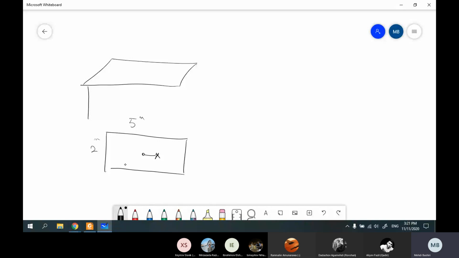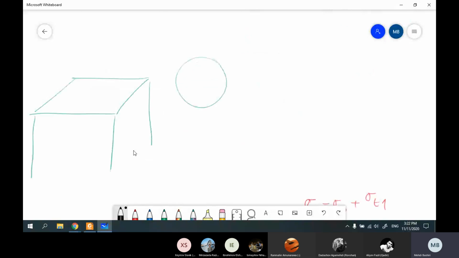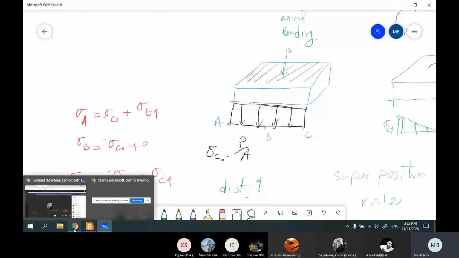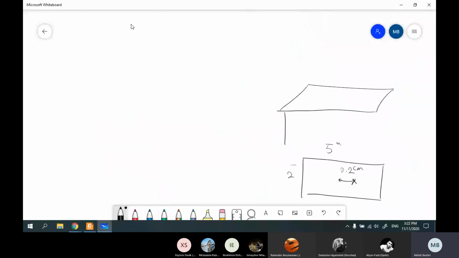The eccentricity is, for example, 20 centimeter. And one point: you are not allowed to locate your column in any place that you want. I'll explain in future, but in some cases, when the stress here is 0, you'll see that you have overturning.